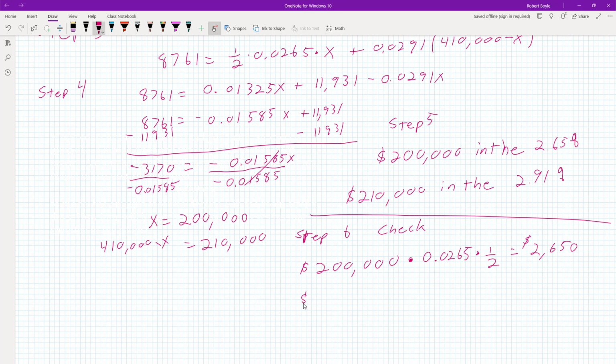If you invested $210,000 into an account that pays 2.91% interest for a full year, you would have $6,111. And if you add those together, you would have $8,761, which is basically what we were looking for. So this does indeed check out.